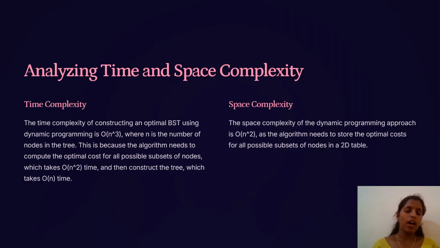Analyze time and space complexity. Time complexity. The time complexity of constructing an optimal binary search tree using dynamic programming is O(n^3), where n is the number of nodes in the tree.